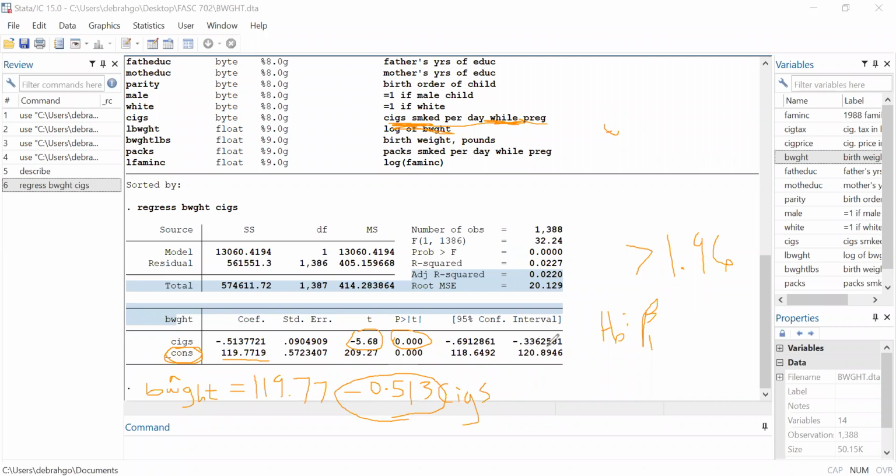And we found some beta 1 here. Whether it is statistically, this is beta 1 is 0. We say cigarette is irrelevant when we talk of the birth weight of an infant. That's a null hypothesis. Cigarette is irrelevant or not significant.